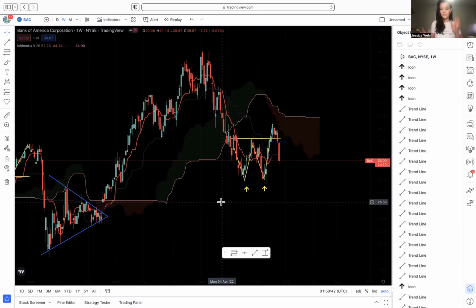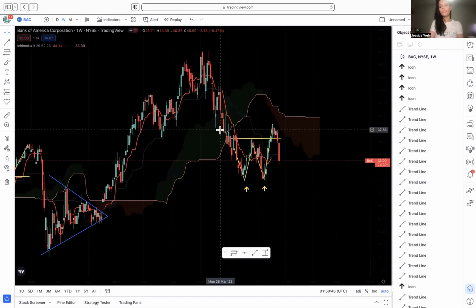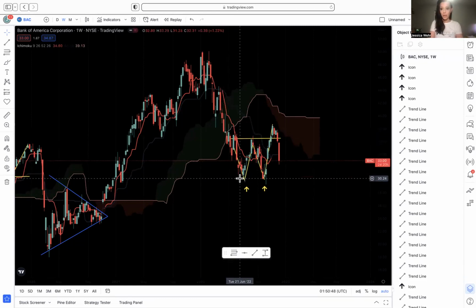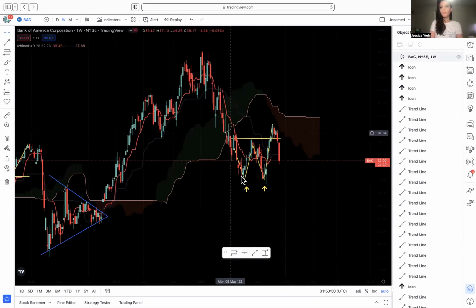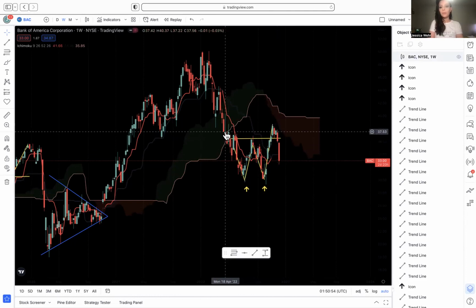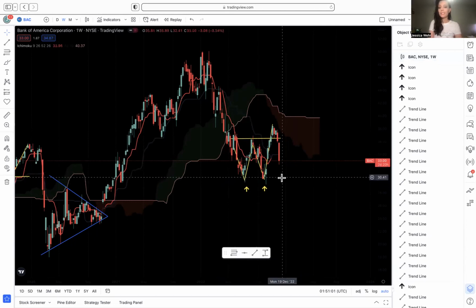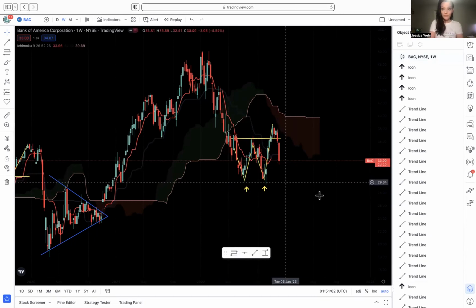So it's opposite. So this is a great first example here. This is an example of a double bottom. So a double bottom is facing down. And how a double bottom is formed is if the stock drops twice at around the same area of support.